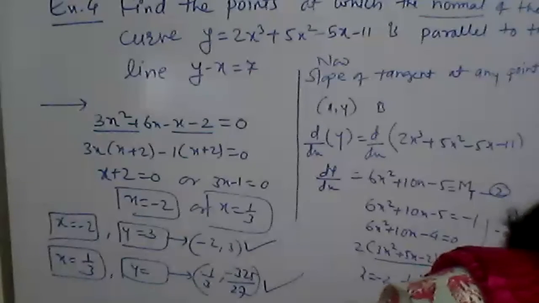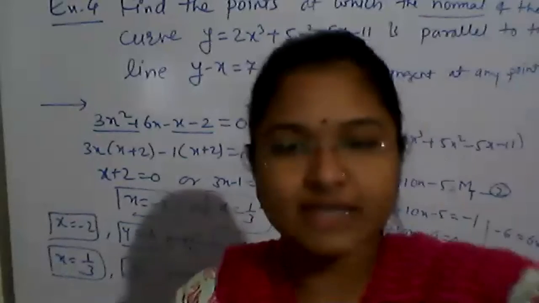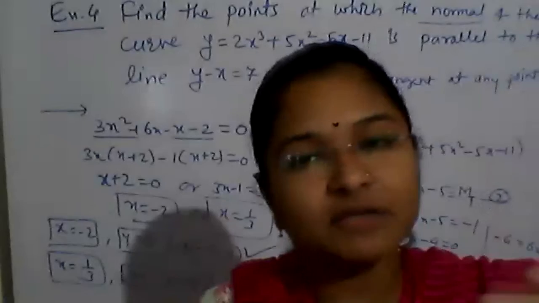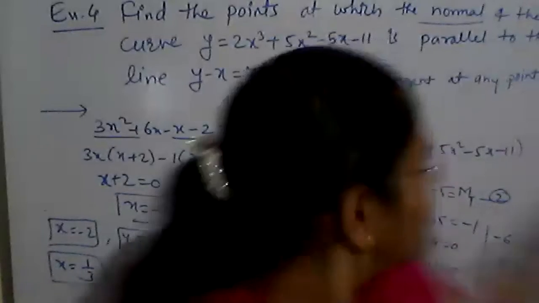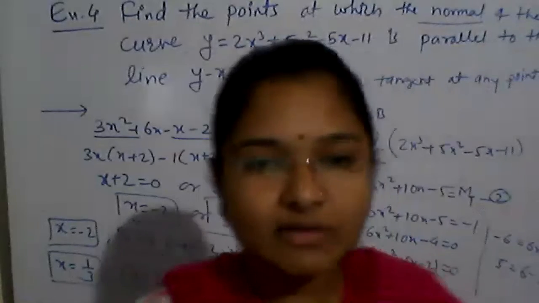Next question is, see, we have taken two questions of tangent where the tangent was parallel in one question and perpendicular in one question. Now we have taken normal which was parallel, and now we'll take normal which will be perpendicular to the given line.